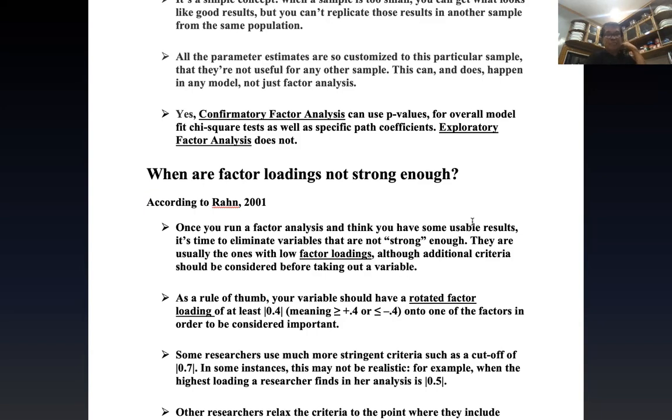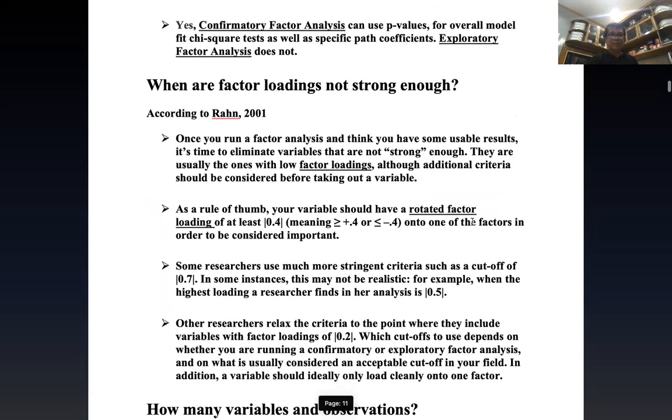As a rule of thumb, your variable should have a rotated factor loading of at least an absolute value of 0.4, meaning greater than plus 0.4 or less than or equal to negative 0.4, onto one of the factors in order to be considered important. Some researchers use much more stringent criteria, such as a cutoff of absolute value 0.7.